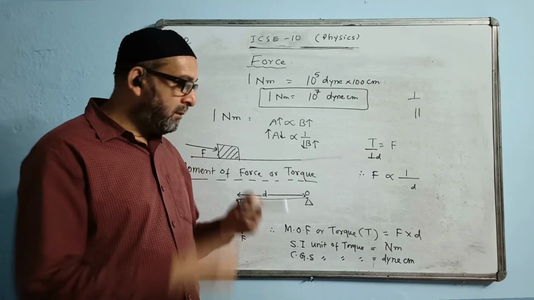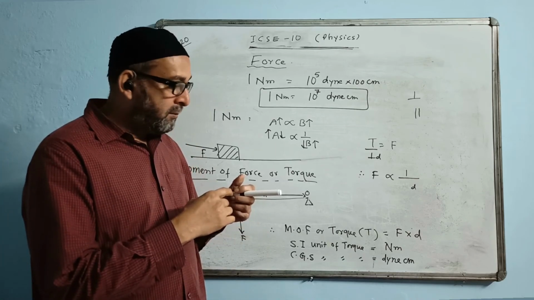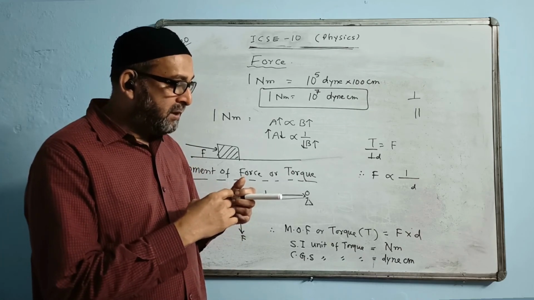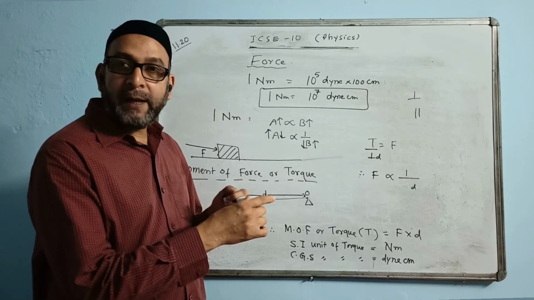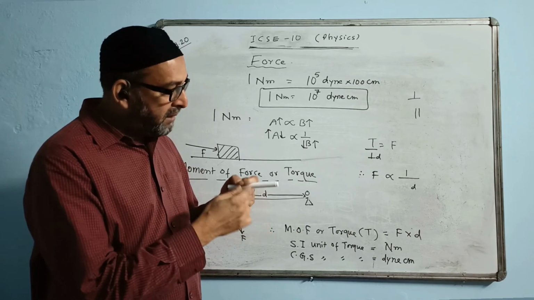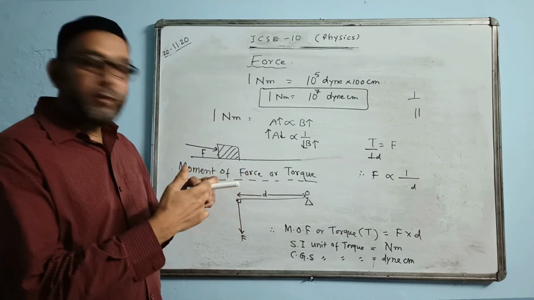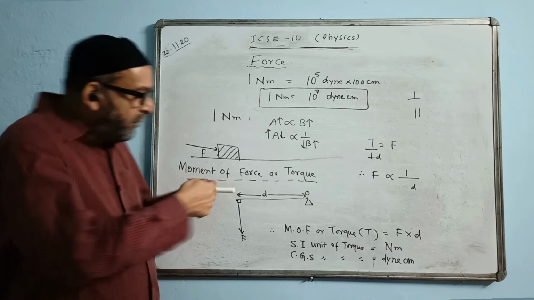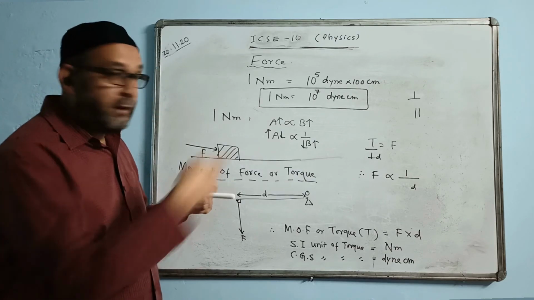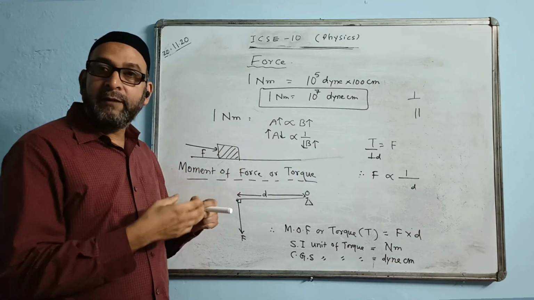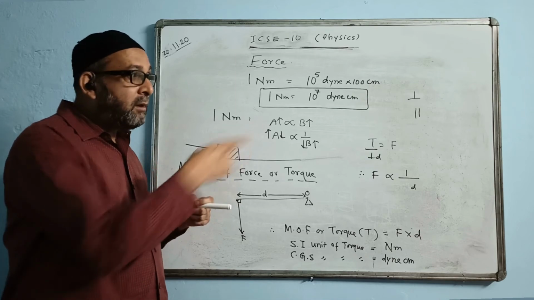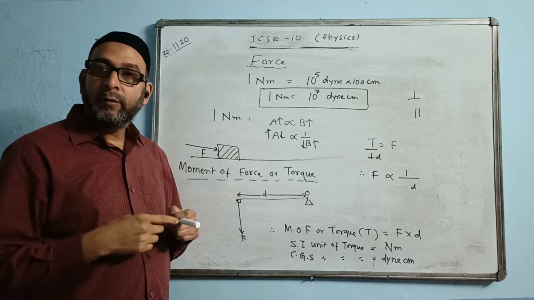Just think, if the distance from the hinge is less, that is, you are applying the force somewhere in the middle of the door, you have to give a comparatively large amount of force. Then only the turning effect will be produced in the door.